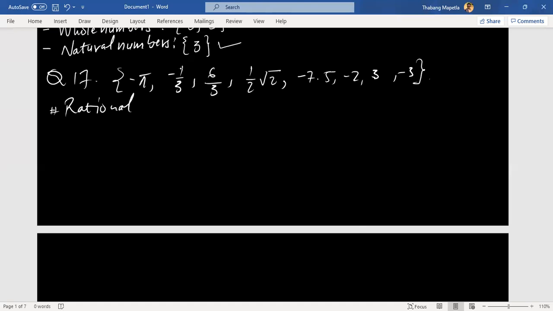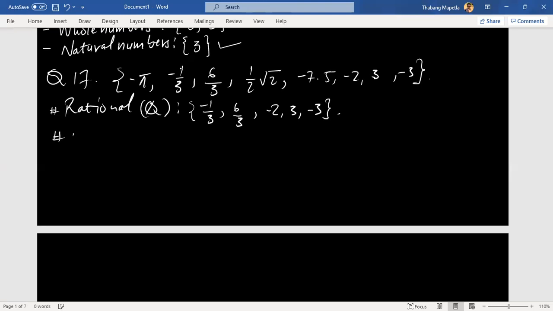Rational numbers are those numbers which can be written in the form of a fraction, where the denominator and numerator are integers and where the denominator is not 0, according to the definition. So you're going to have -1 over 3, and then 6 over 3. And then here we have root 2, which makes it irrational. And then -7.5 is a fraction, then -2, 3, -3.